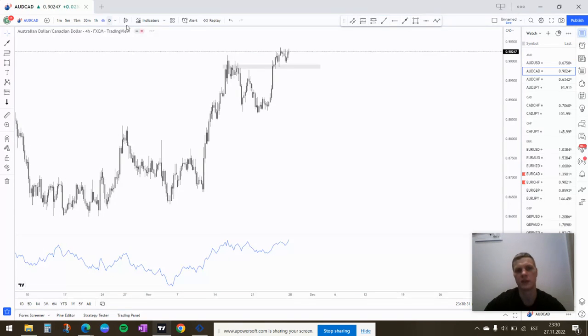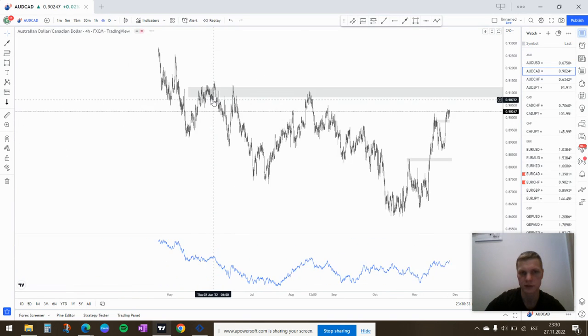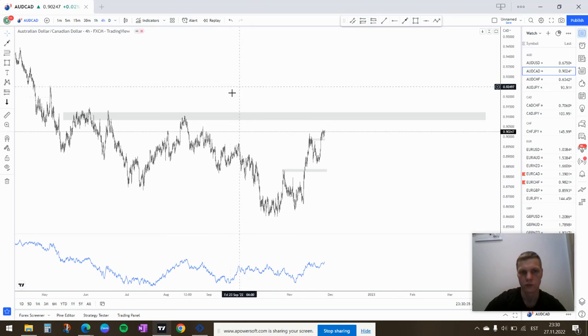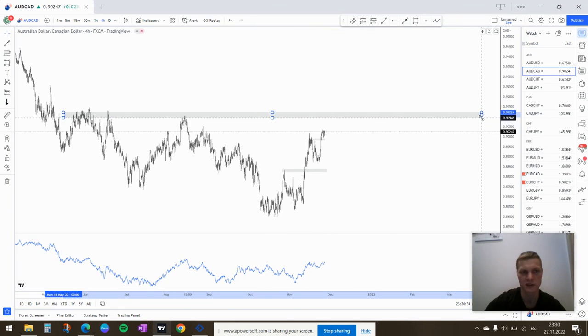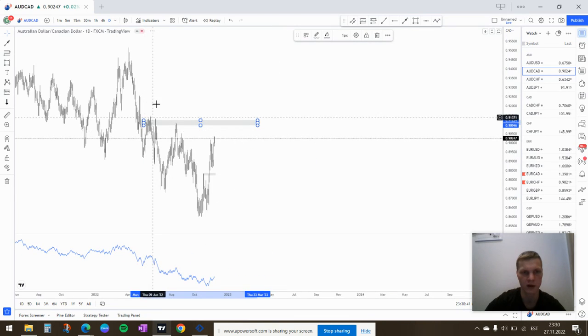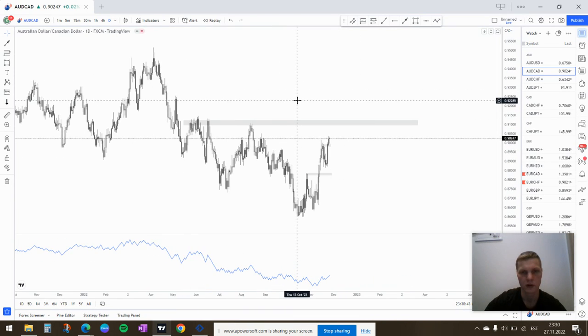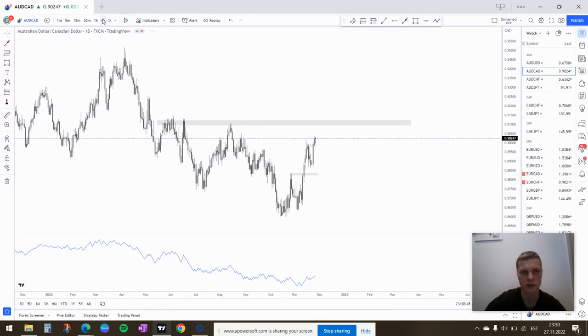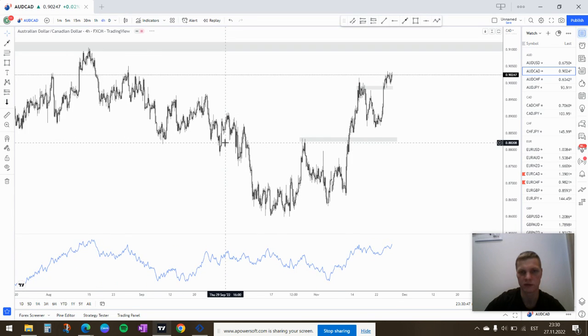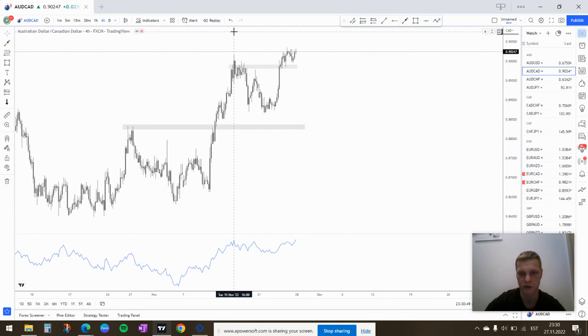Moving on, AUD CAD. We'll be waiting until price gets to these highs over there. There's gonna be some kind of breaks and retests in the meantime, I'm sure. But I'm not gonna trade unless I see a divergence.